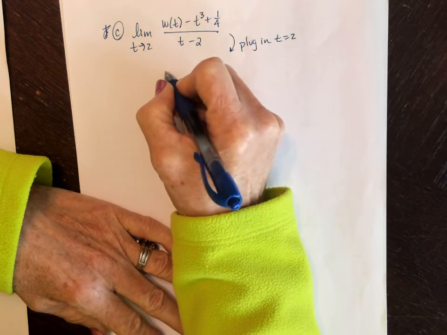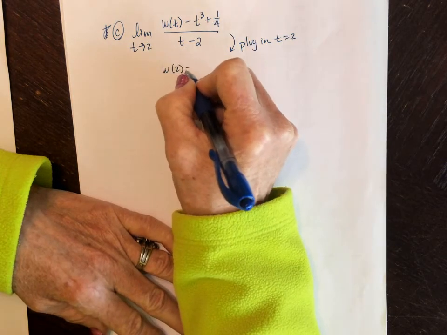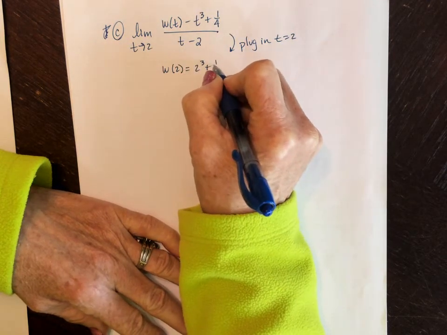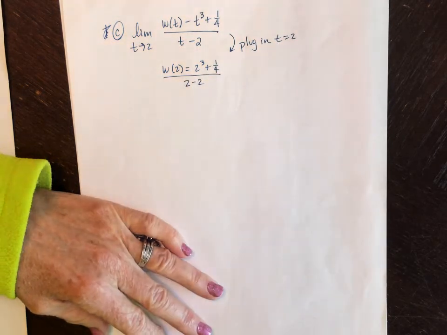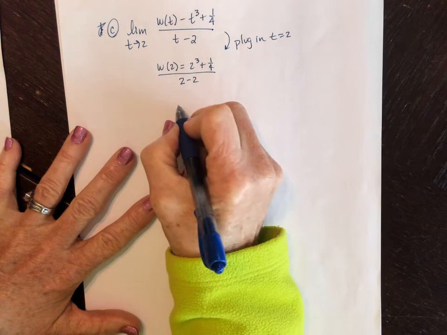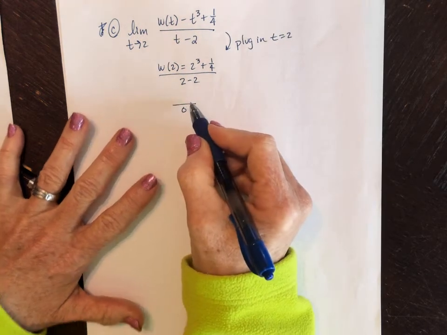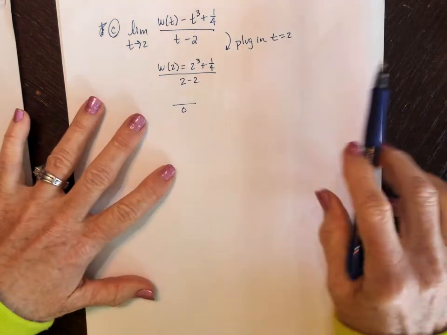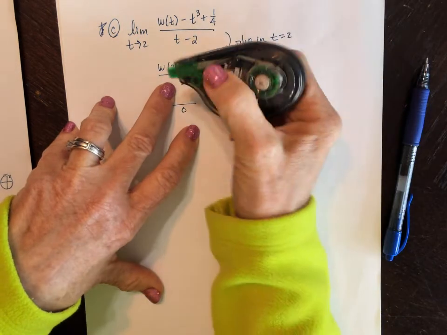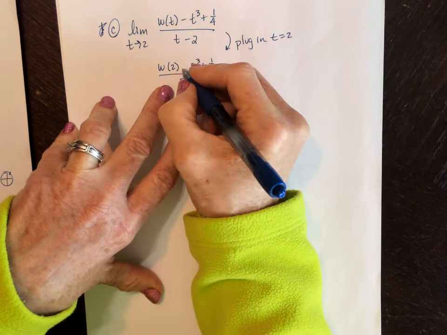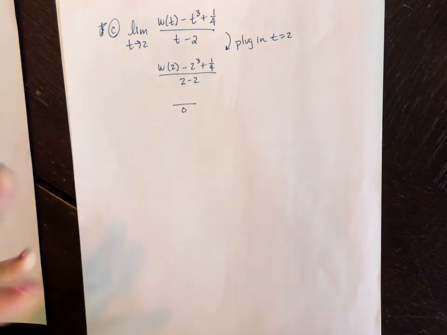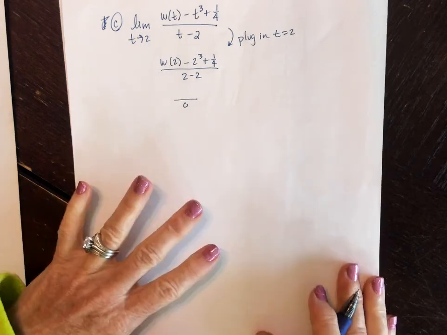Plug in t is 2, and that's going to give us w of 2 minus 2 cubed plus 1/4 all over 2 minus 2. And right there, that's given us a problem that we got a 0 on the bottom. We do need to think about this numerator, whether it's a number, not 0, or whether it is equal to 0, because that'll lead us in two different directions.